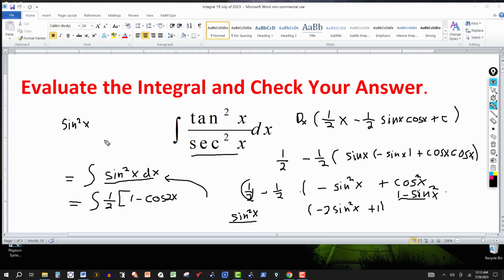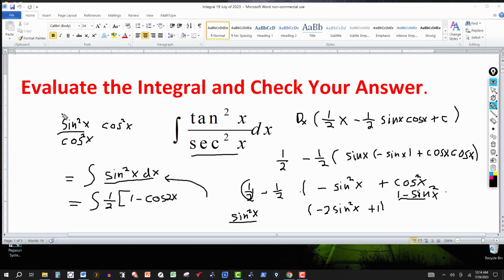We want to get tangent squared. Well, I just divide through by cosine squared. That's legal, as long as I multiply also by cosine squared. So I'm just multiplying sine squared of x by cosine squared over cosine squared. That's 1, so it doesn't change it.